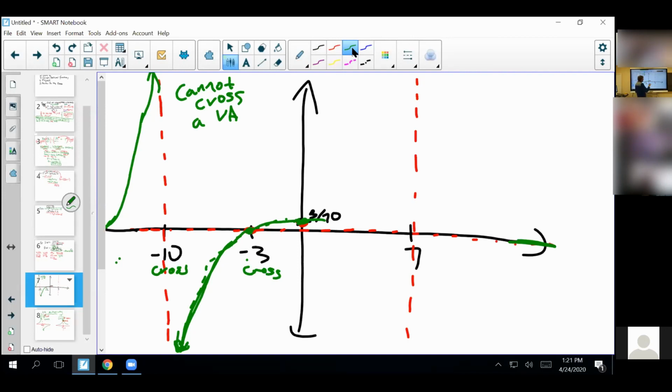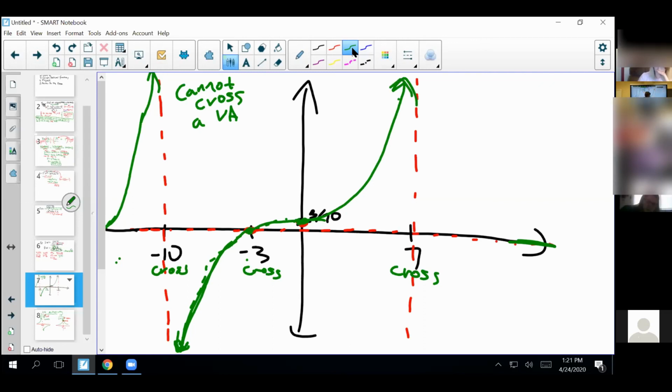So we have really no choice but to go up here. And this is another cross vertical asymptote. So if we're going up on this side, we cross over the whole graph, and we come down on this side and continue on our horizontal asymptote. So there you go. This is a picture of the function.